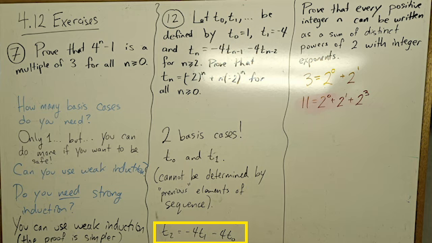So T2, T3, etc., can be dealt with using induction by looking back at the previous 2 values, because each Tn is defined for n at least 2 in terms of the previous 2 values. But for T1 and T0, it's not defined that way. So you cannot use previous information to get information about T1 or T0.